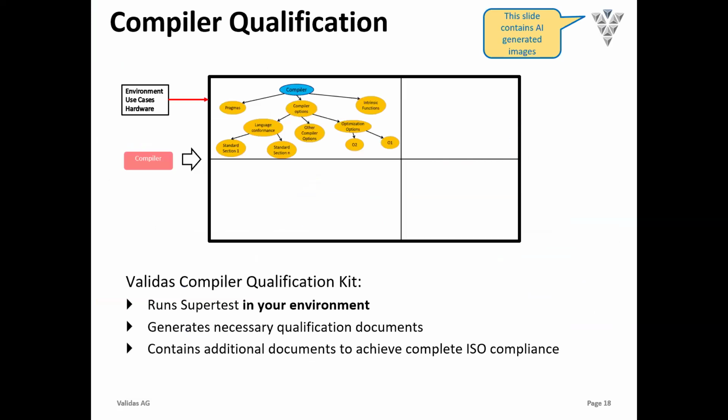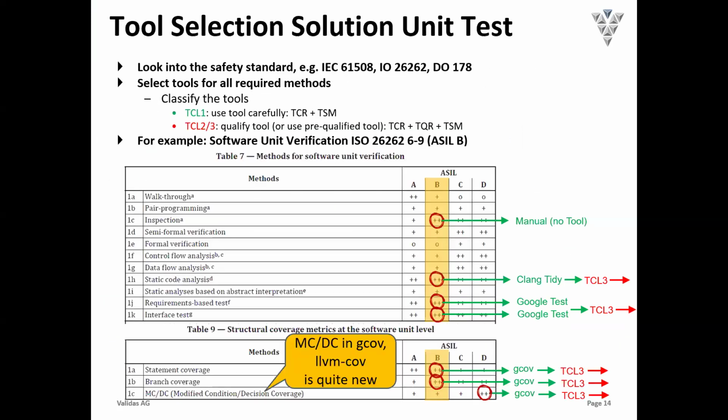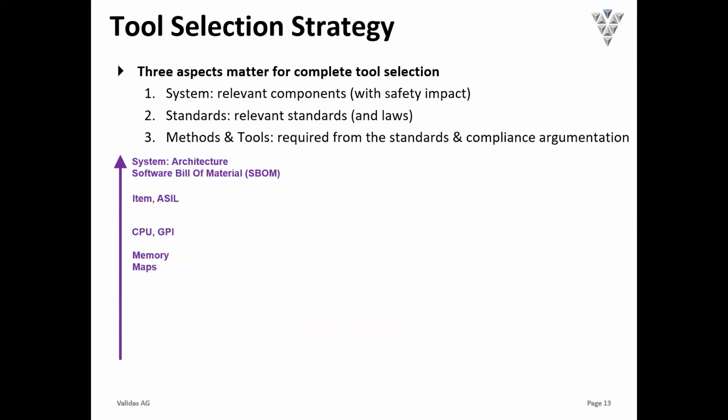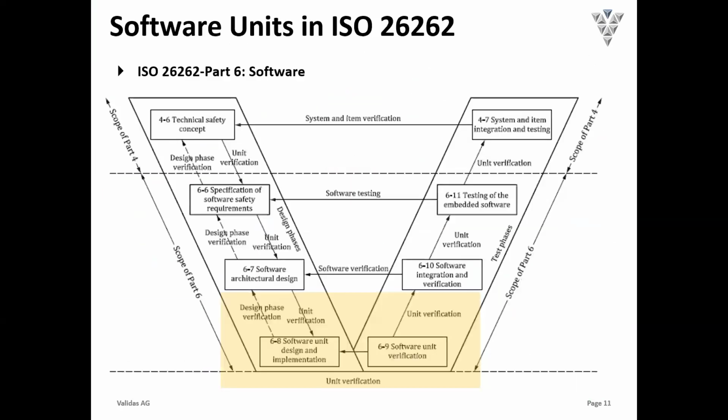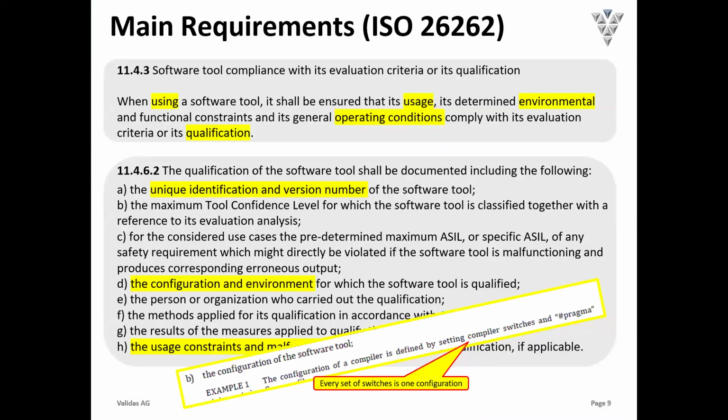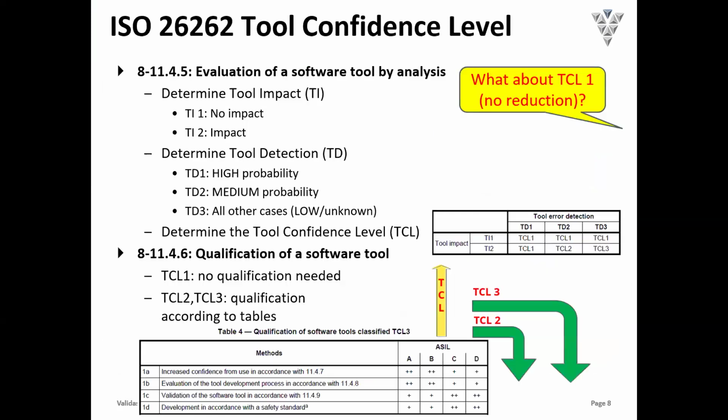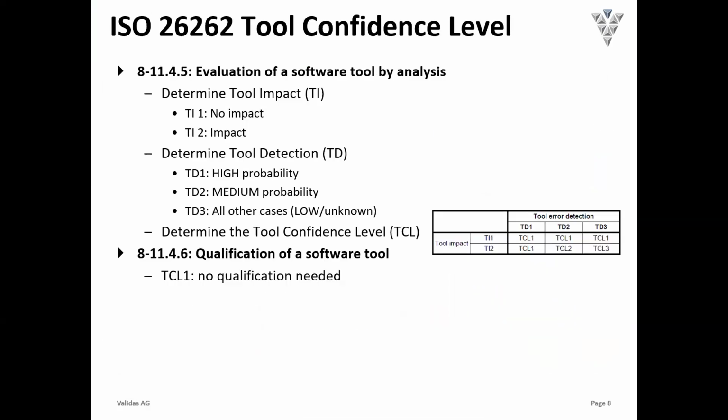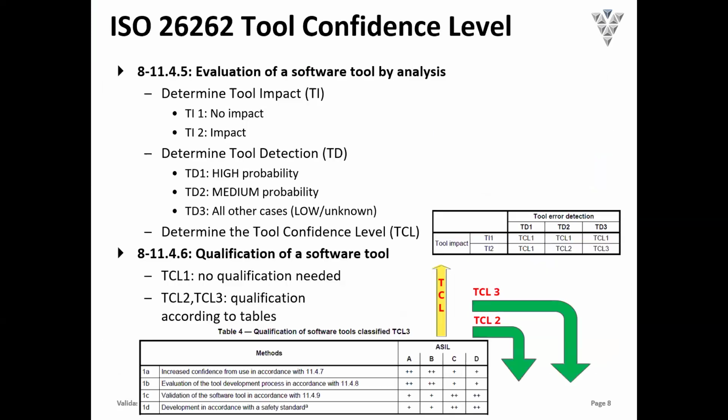Yeah, very good question. So ISO 26262 considers this. Of course, you need to classify the tool, even if it's commercial off the shelf. Here's the slide, and it says you have 4 different qualification methods. I didn't explain them all, but one is increased confidence from use.